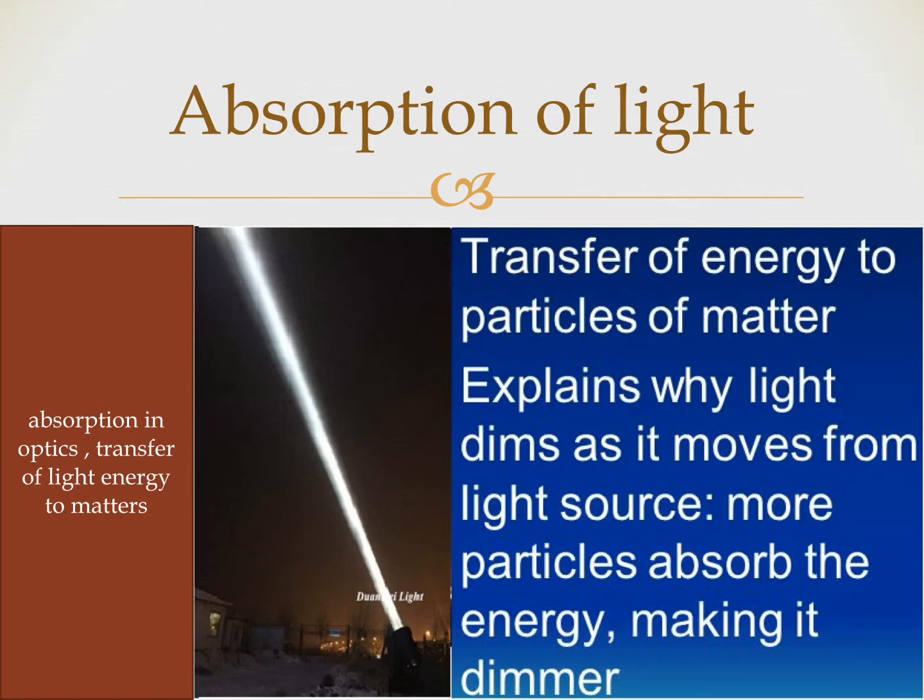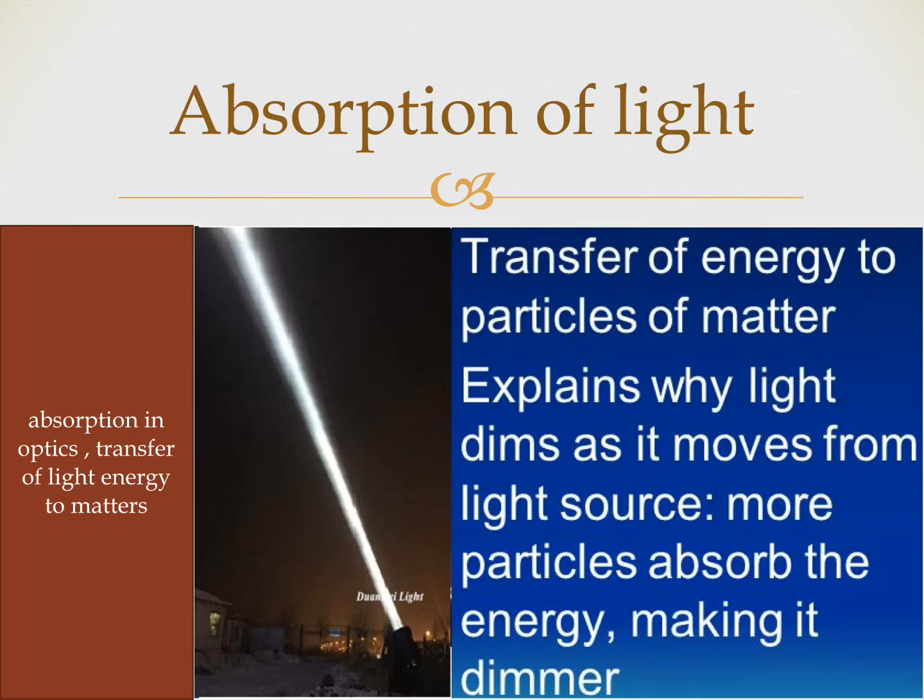Absorption in optics is the transfer of light energy to particles of matter. As you can see in front of you, the transfer of energy carried by light waves to particles of matter is called absorption.